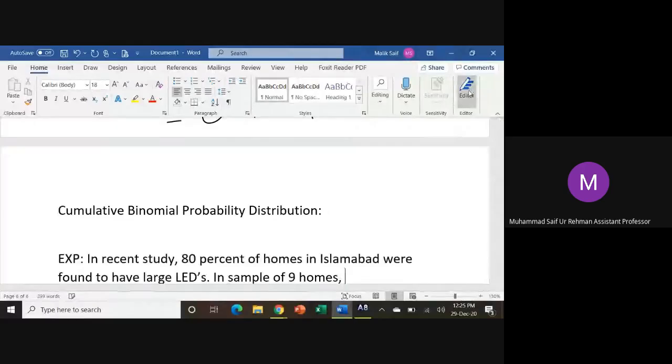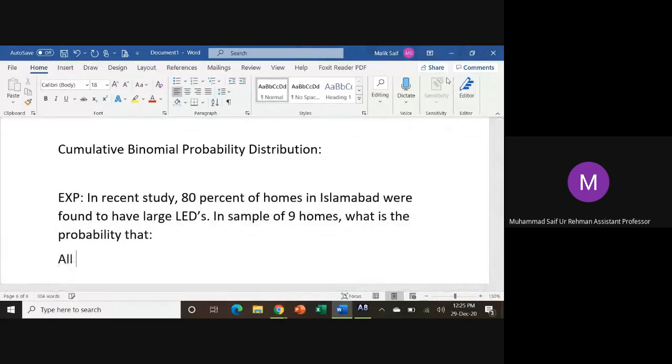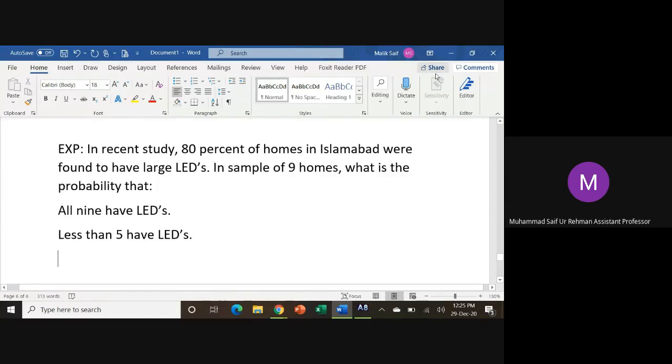what is the probability that all 9 have LEDs? Less than 5 have LEDs. Basically, this apostrophe should not be there.